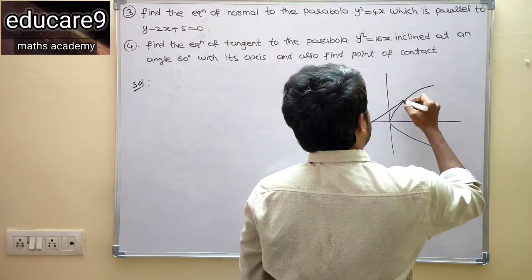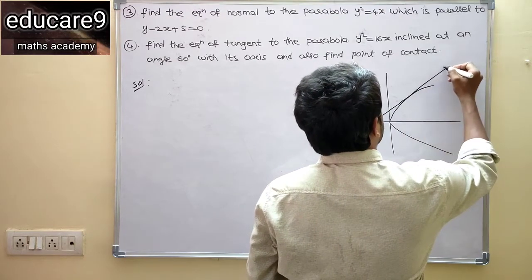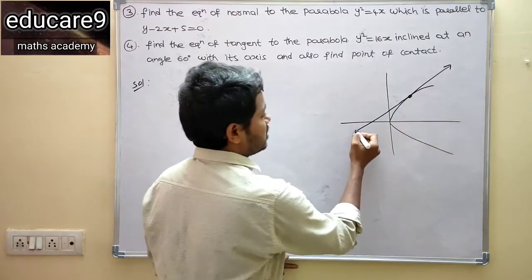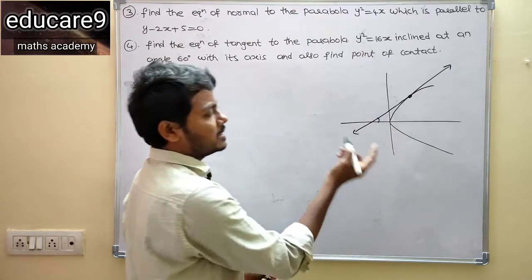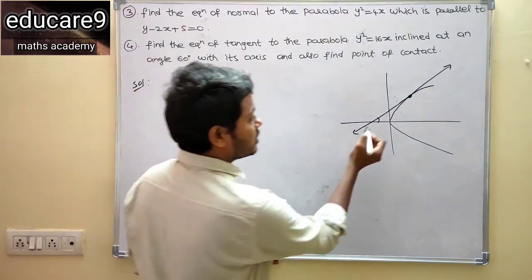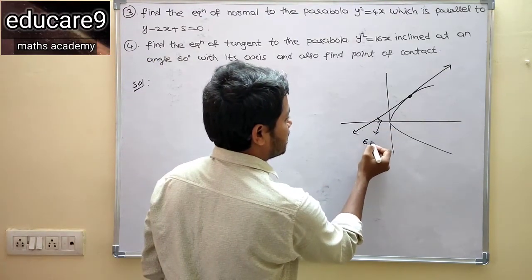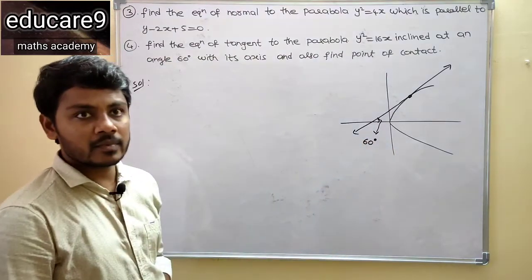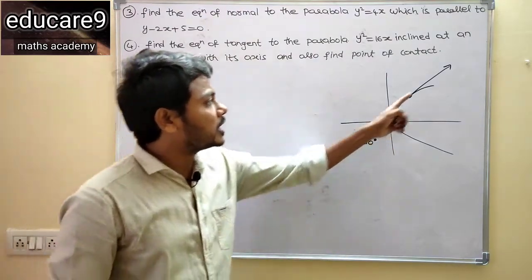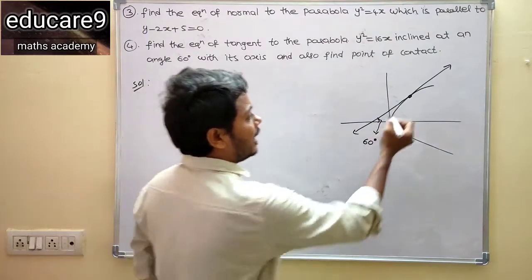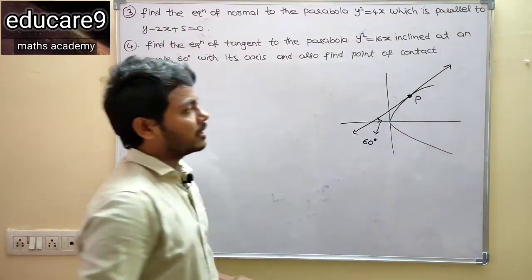Suppose this is the tangent. So this tangent makes an angle 60 degrees. Now we need to find the equation of the tangent and this point of contact.